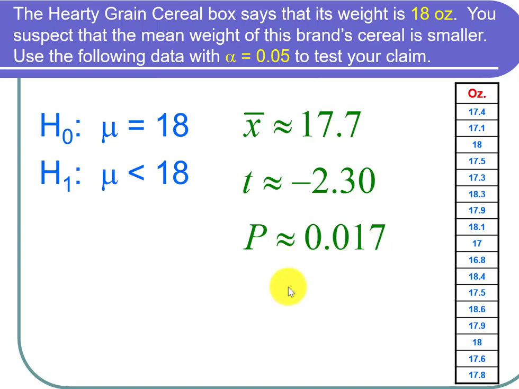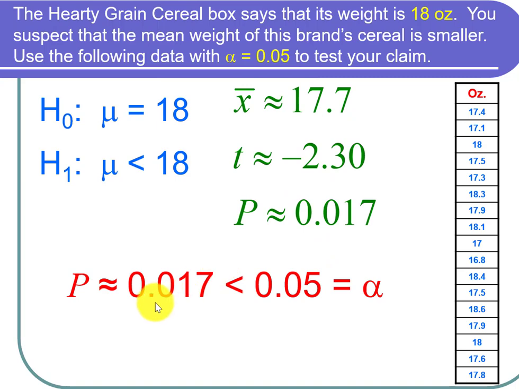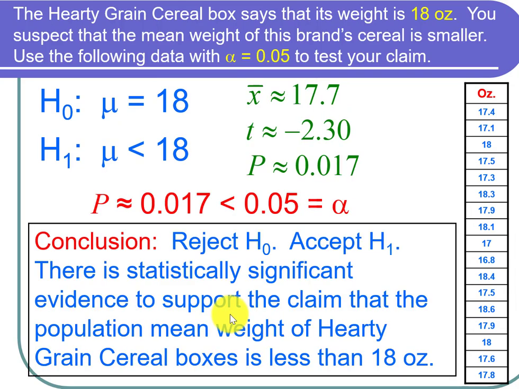Now notice that the p-value, which is 0.017, is less than the level of significance that's given, which is 0.05, our alpha. And when the p-value is less than the level of significance, that means we get to reject the null hypothesis. And I can state my conclusion.